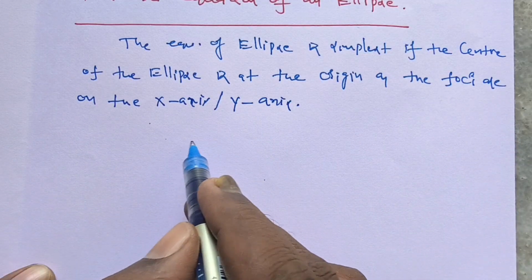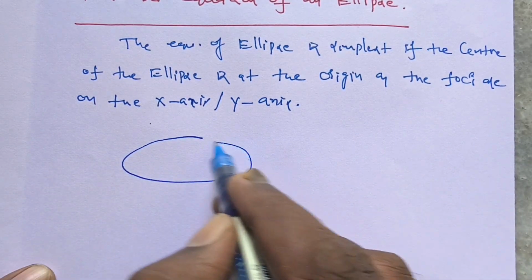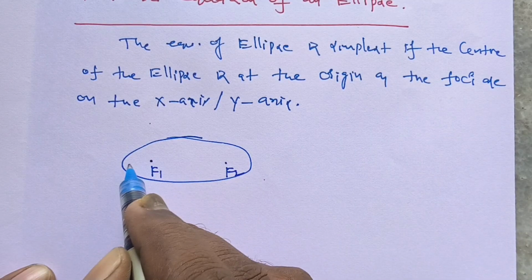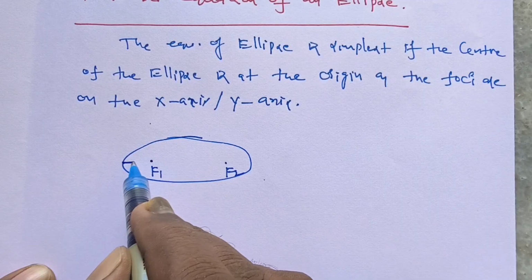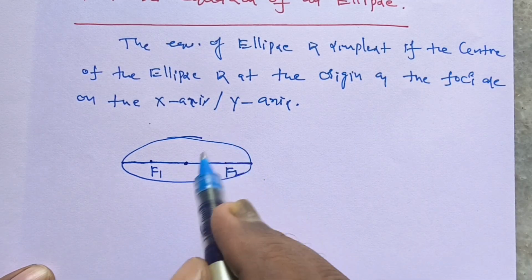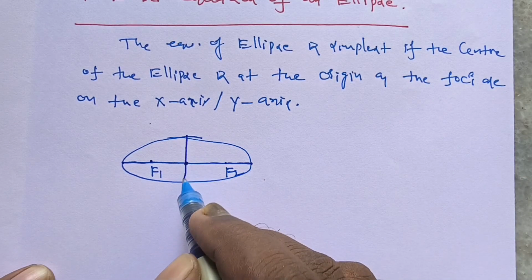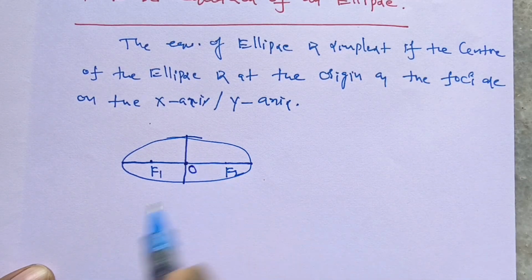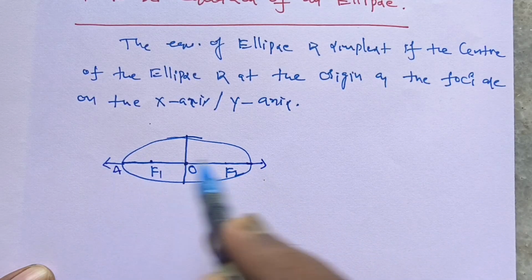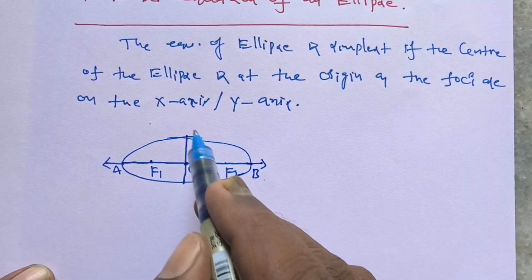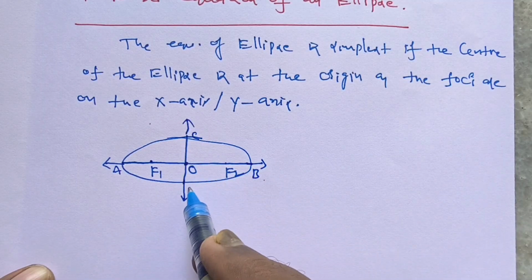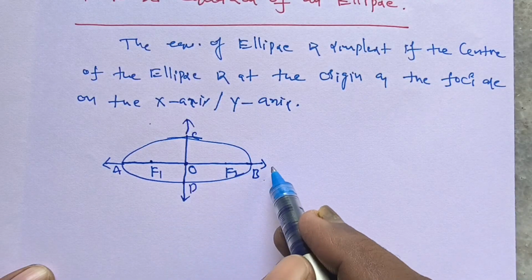If the foci are on the x-axis or y-axis, how does the ellipse figure look? Let us check the ellipse figure if the foci lie on the x-axis. Suppose this is the ellipse, here F1 and F2 are the two foci. Here O is the midpoint of this x-axis AB, and a line passing through O perpendicular to AB is CD.